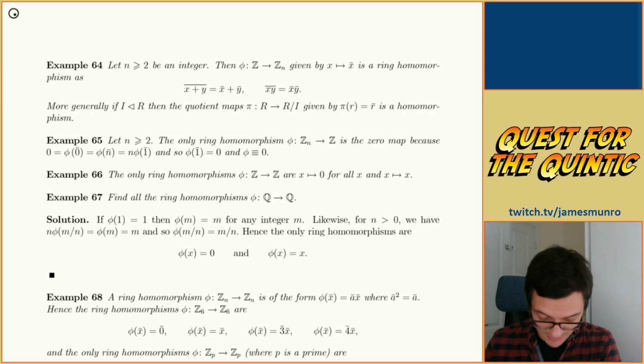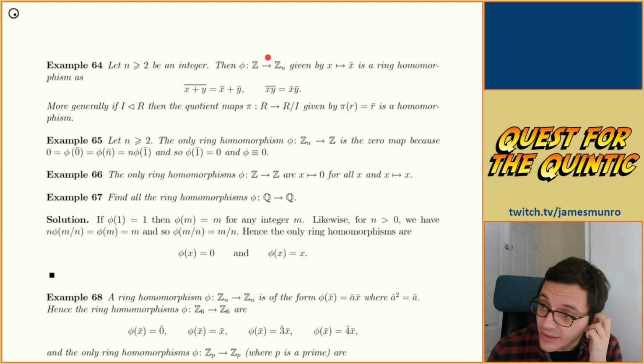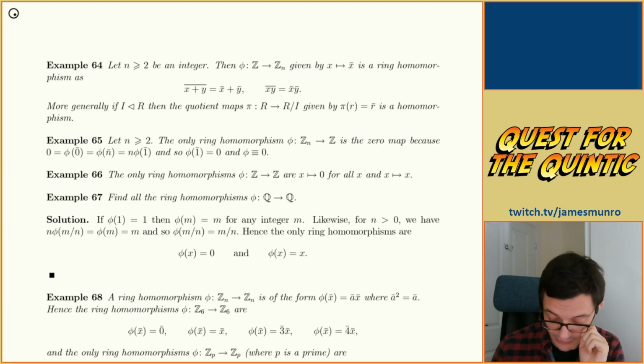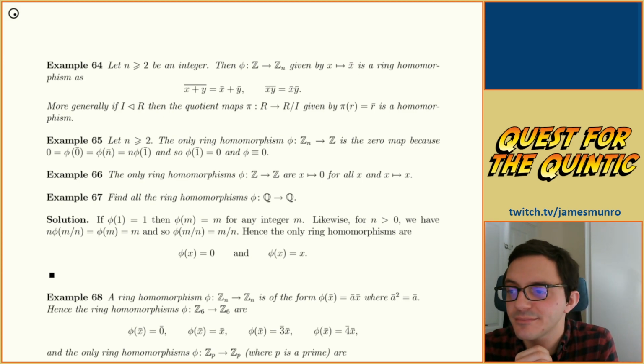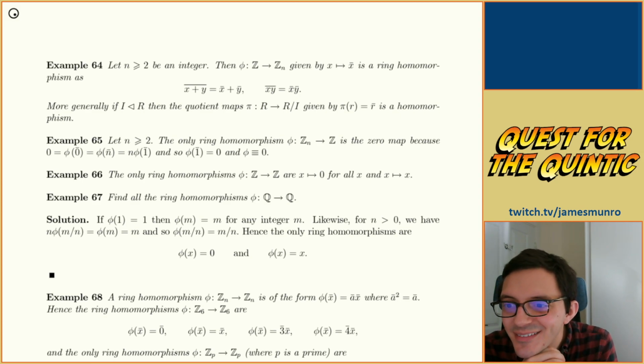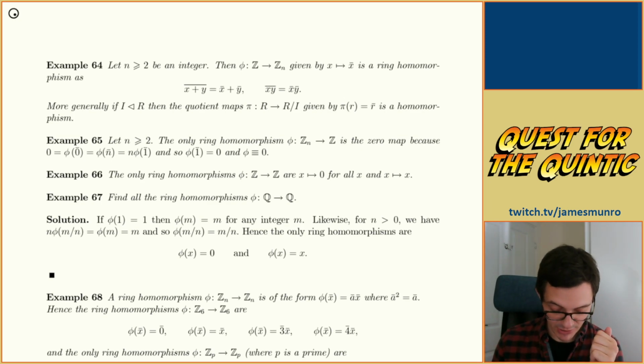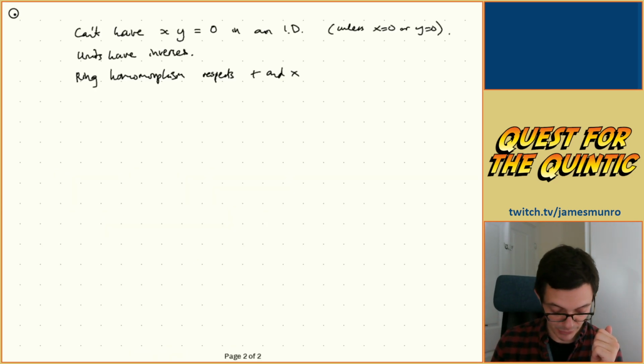Oh, here we go. Here's a map from Z to Zn. So we saw earlier that those are not the same thing, but you can go from x to x bar. Brilliant. So many bars this morning. Bad start to a Monday, really. So it respects addition and multiplication. Okay, fine. Did I put addition and multiplication in my notes? Double check. Yep, both.